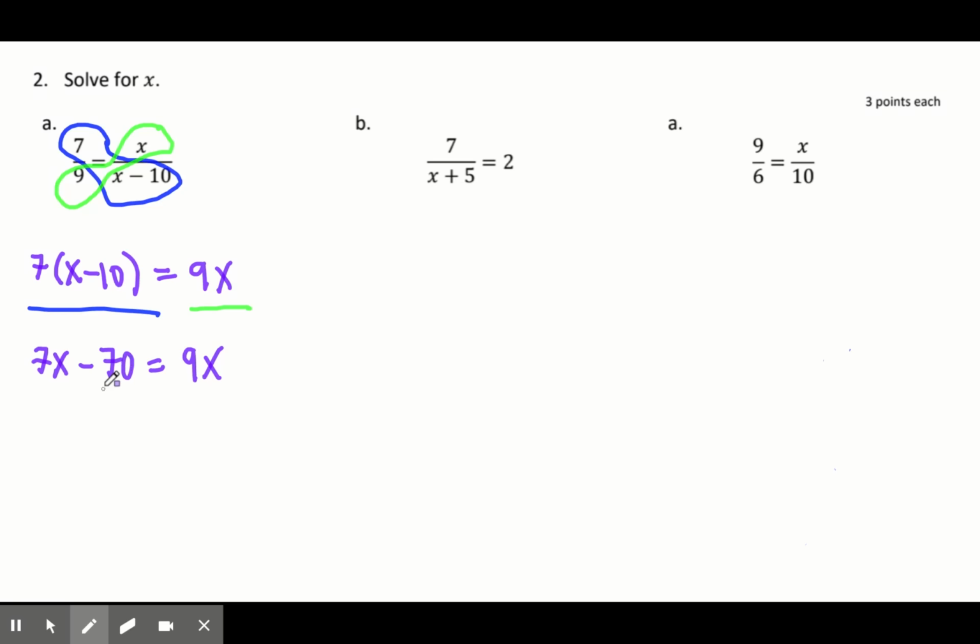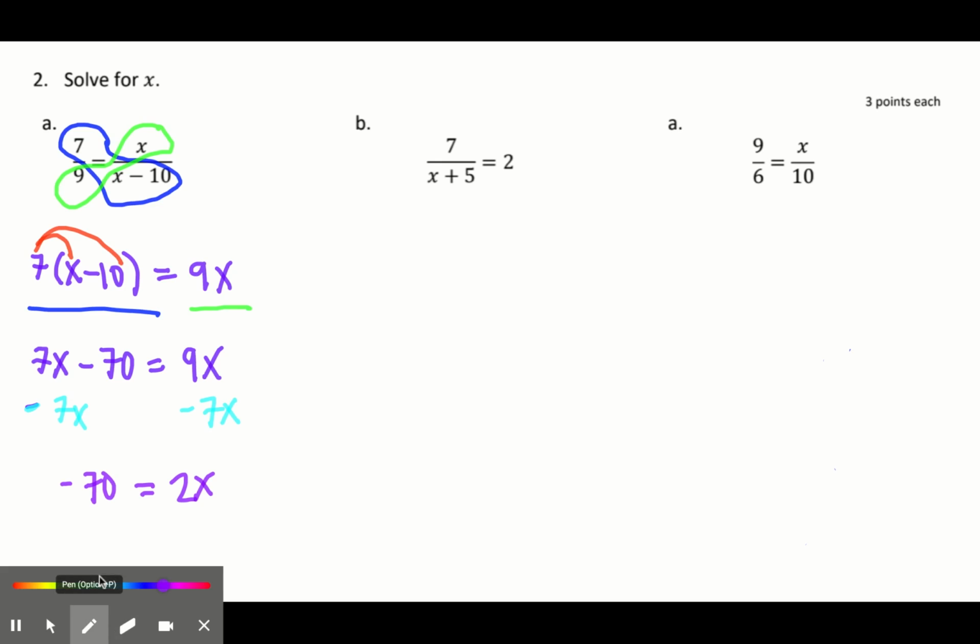You want to solve for x, so I first distributed this, and now we'll subtract 7x from both sides. That's negative 70 equals 2x. Then divide both sides by 2, and you get x is negative 35.